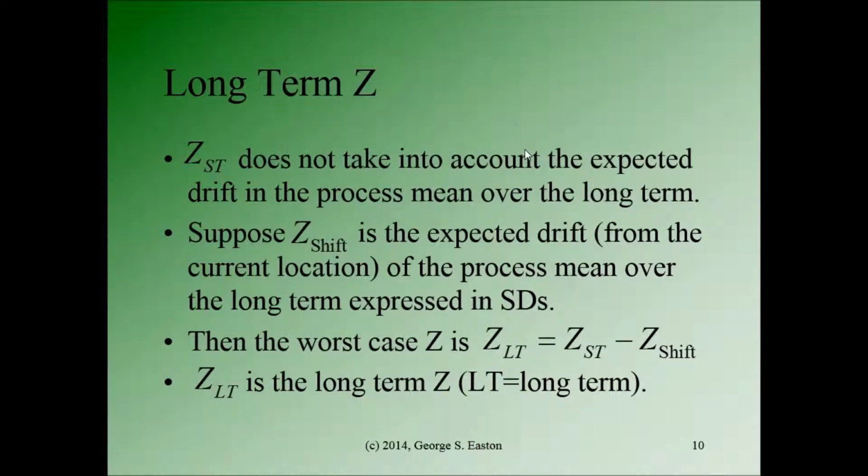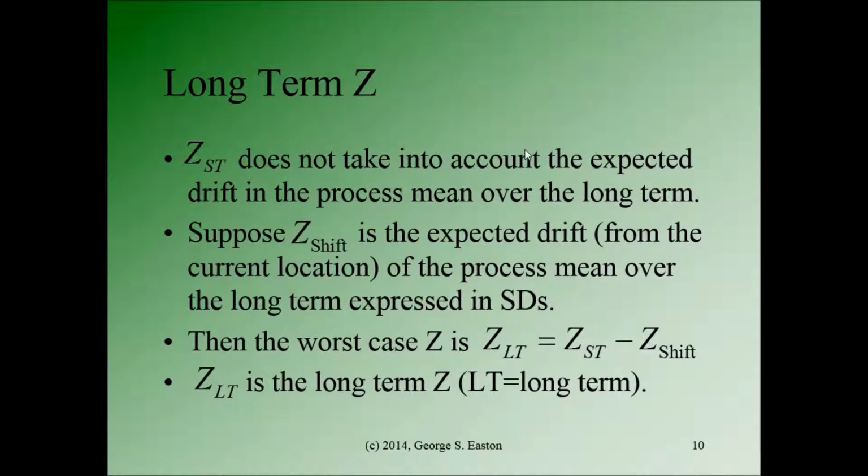Now, what about the long term? Well, the Z sub ST does not take into account the expected drift in the process mean over the longer term. It's just simply the current distance from the process mean to the nearest specification limit. Well, suppose we define Z shift to be the expected drift of the process mean over the long term from its current value, expressed in standard deviations.